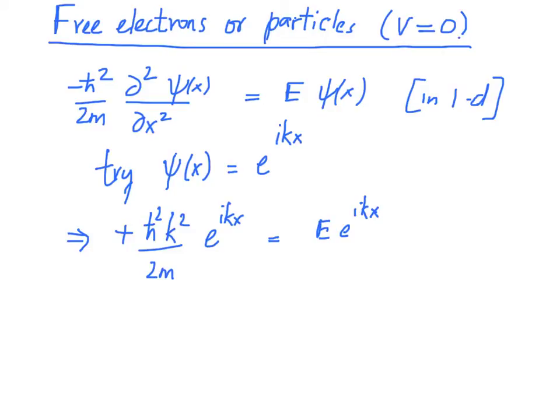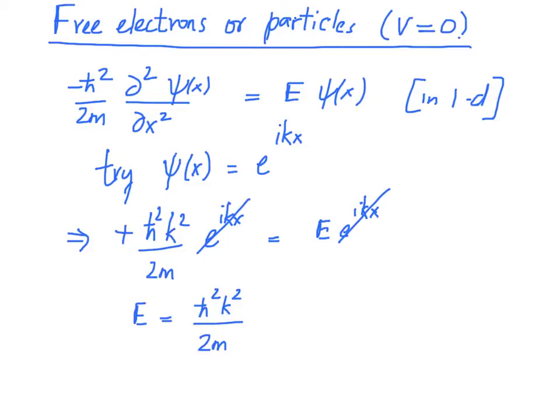So essentially, the second derivative of e to the ikx gives us i squared times k squared. i squared is minus 1, which takes care of the minus sign on the left hand side. So we get plus h bar squared k squared over 2m times e to the ikx equals the energy times our suggested wave function e to the ikx. Of course, the e to the ikx can be cancelled out, right? And then we are left with E equals h bar squared k squared over 2m.